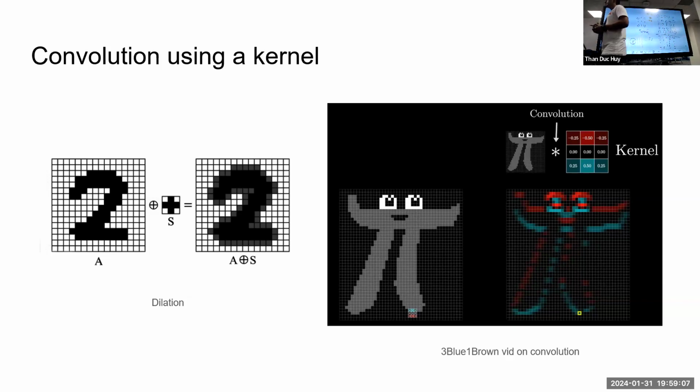And it's commonly used to detect specific features, shapes of features. So if you look at the image here, I think this is from video 3, the convolution one. We are taking the image of a pie here, and you perform convolution using this normalized kernel.